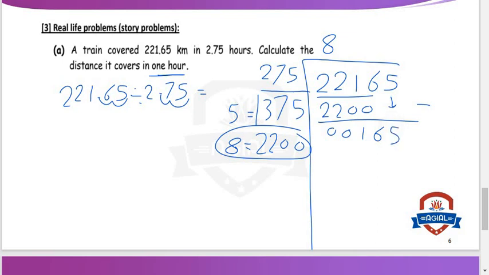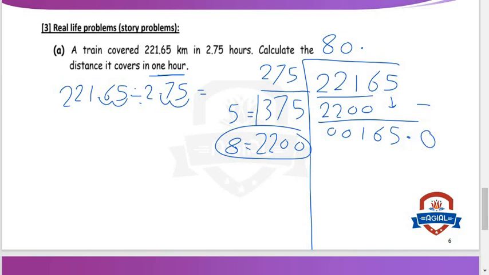Okay. Can 165 be divided by 275? No, it can't be. So what should we do? Put 0 and put down another number, but we don't have another number. So we will put 0 and put a point, and here put 0.